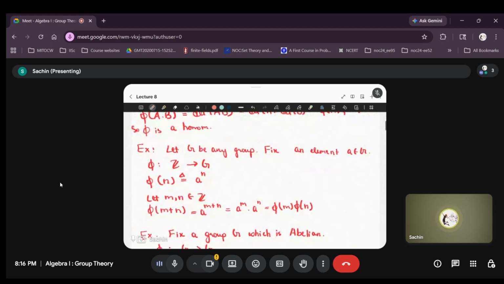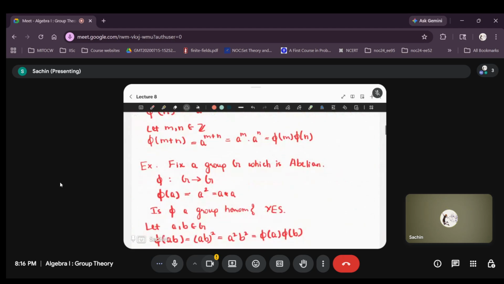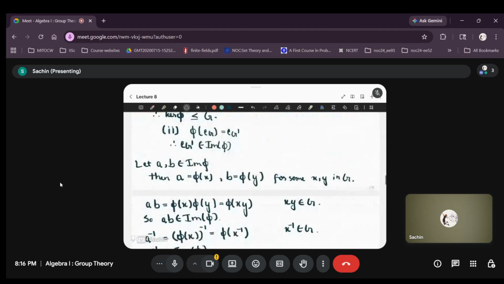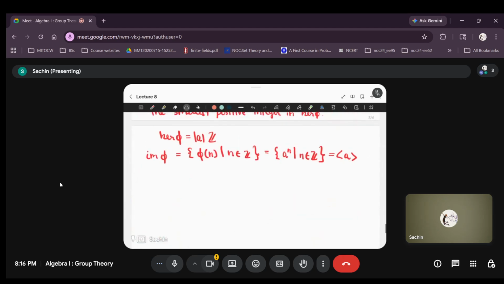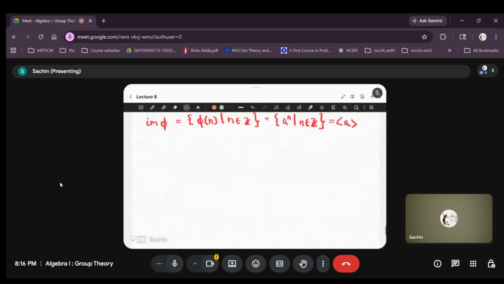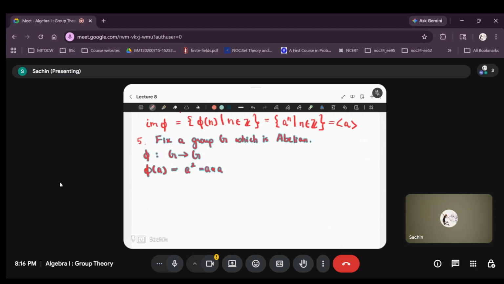The next one was, oh, we already did this. For an abelian group, kernel of phi is the set of all a in G such that a square is equal to e.